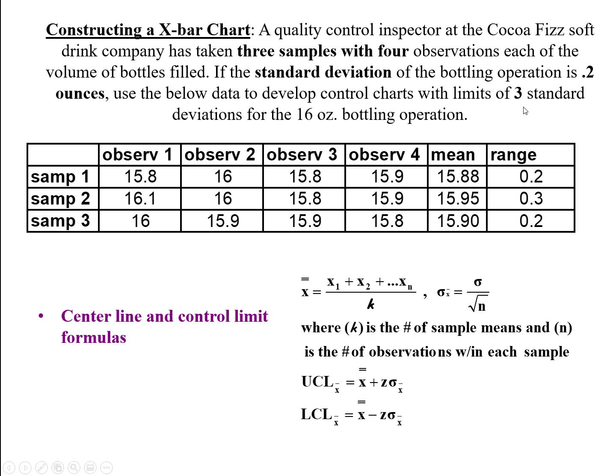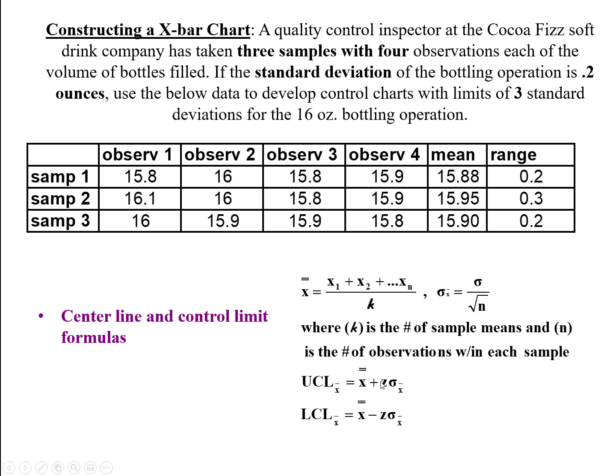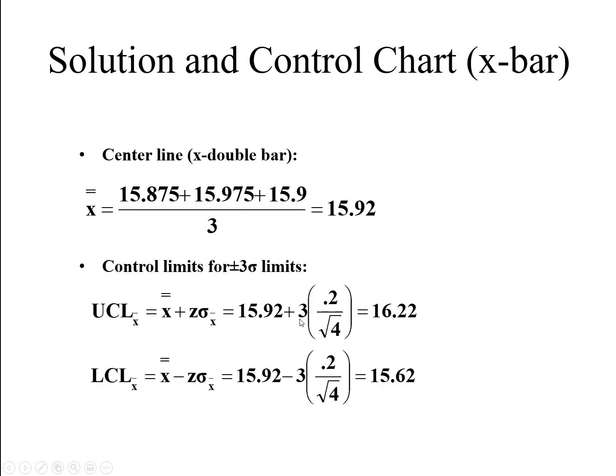In previous slides, I showed you 3 standard deviation. 3 standard deviation means the company is claiming that out of 1000 they produce, 997 products are effective while 3 are defective. So they just meet 3 standard deviation. That is why we will use 3 sigma.